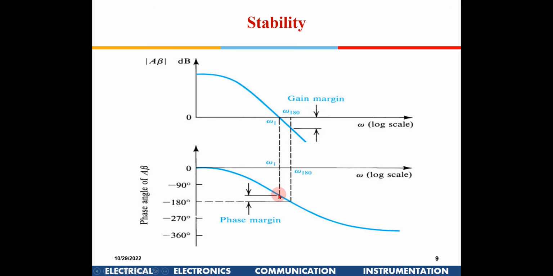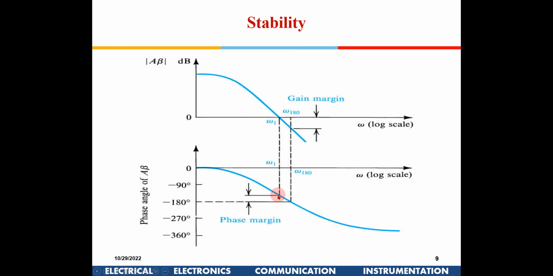Had it reached 180 degree, then any gain more than 0 and phase shift of 180 would have resulted in an oscillation. But in this case, when the gain has reached 0, the phase has not yet reached 180. There is still some gap there. So that means this is a stable system, and you have a phase margin here, right?